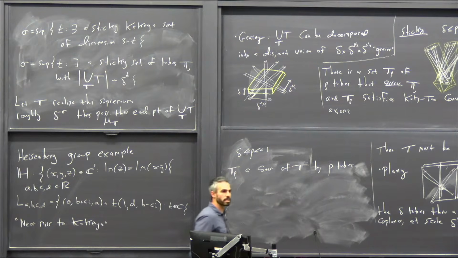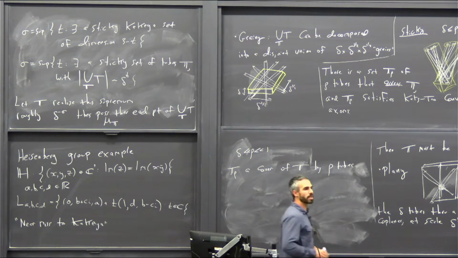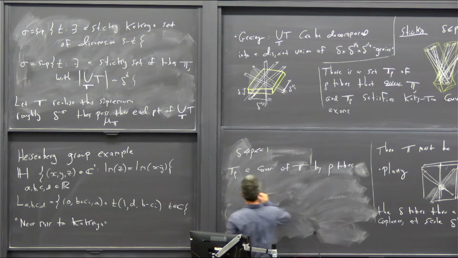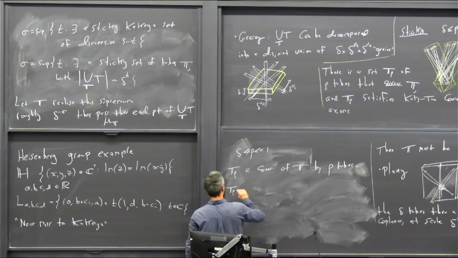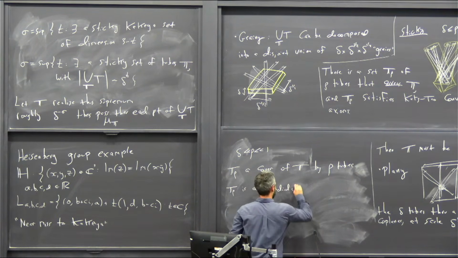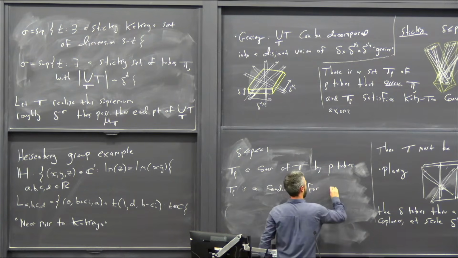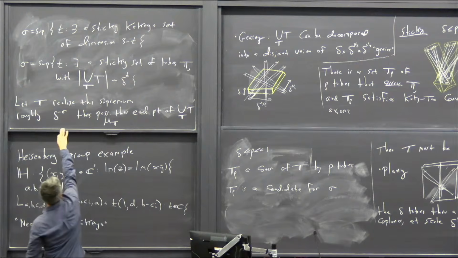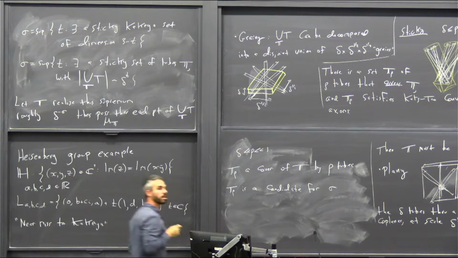So what does this tell me? It tells me that the typical intersection multiplicity of the rho tubes can't be too large. So we can say T rho is a candidate for sigma. What I mean by a candidate for sigma is that it's one of the families that we had to consider in the definition of sigma.